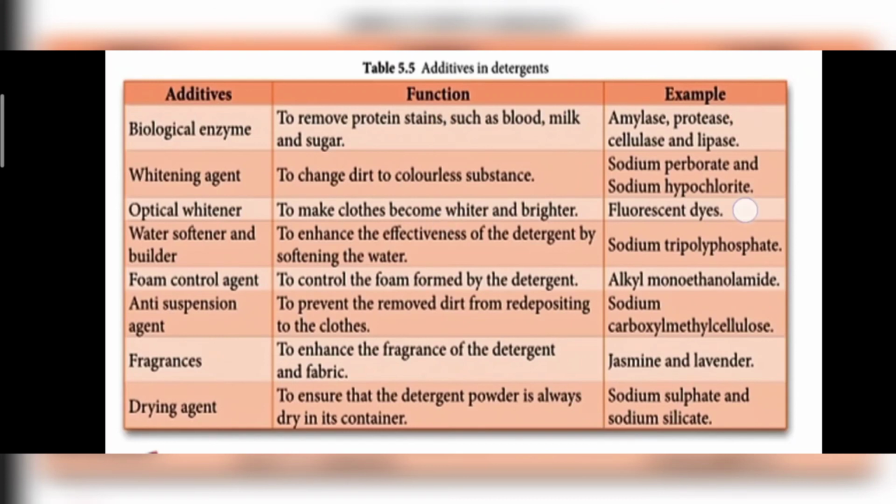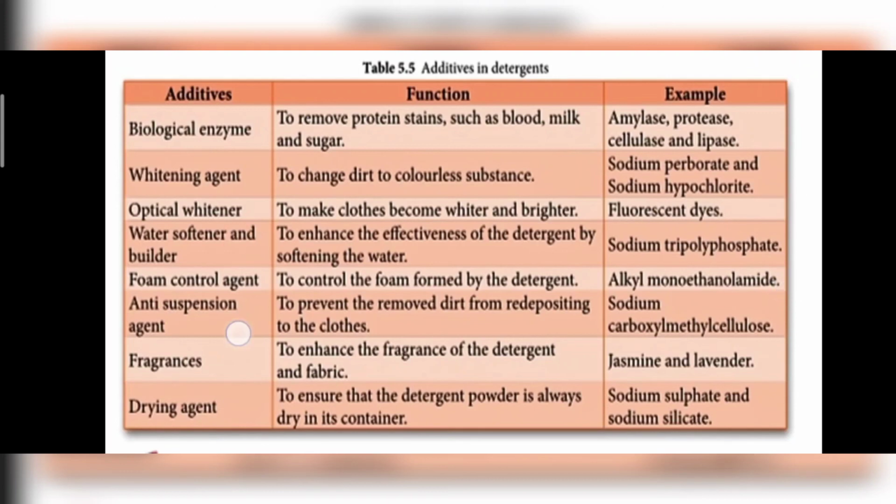Okay, example, fluorescent dyes. Water softener and builder to enhance the effectiveness of the detergent by softening the water. For example, sodium tripolyphosphate. Foam control agent to control the foam formed by the detergent. For example, alkyl monoethanolamide.